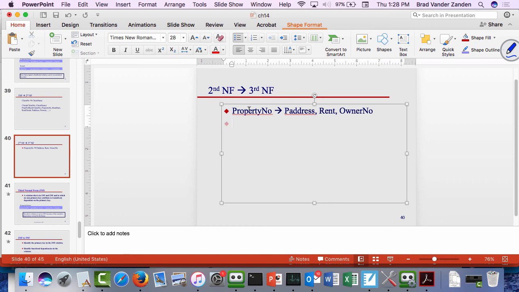And I would have used then owner number determines owner name. And I would have used those two to get me from second normal form to third normal form. So I would have had the same outcome in the end. I would have had the same four relations, but the second normal form would be different.